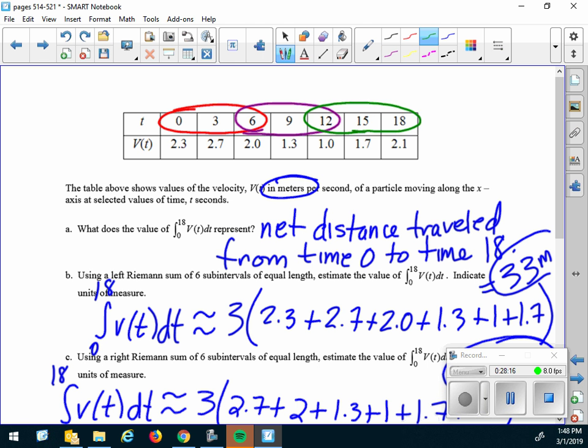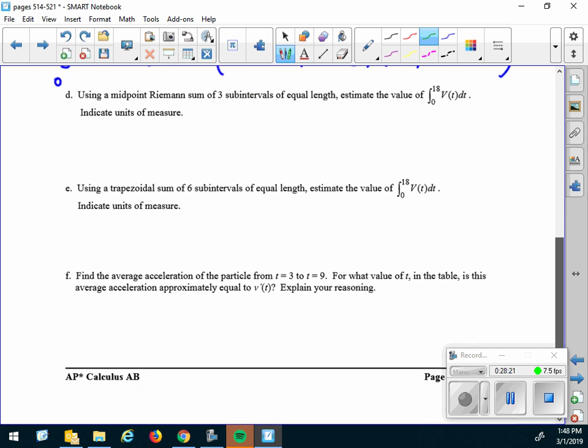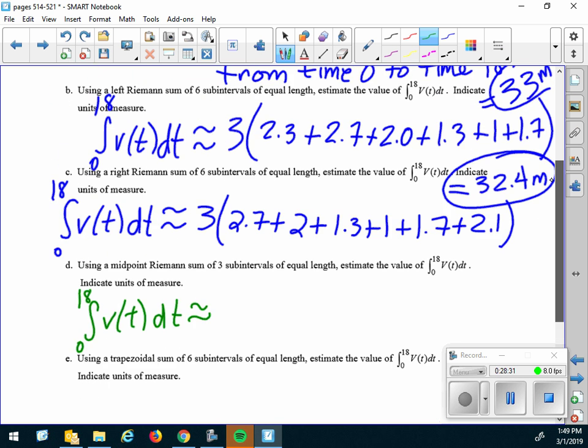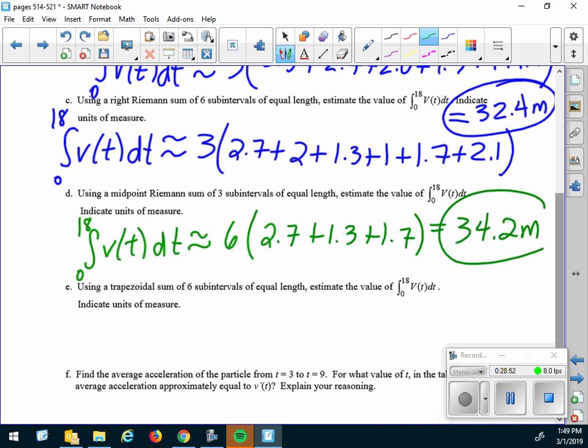Midpoint Riemann sum. Integral from 0 to 18 of v of t dt is approximately. What's the width of each of those subintervals? 6, good. Times. Did you get that? 34.2 meters.